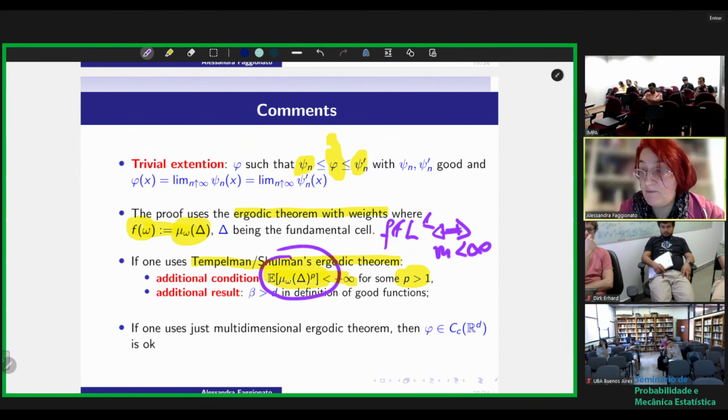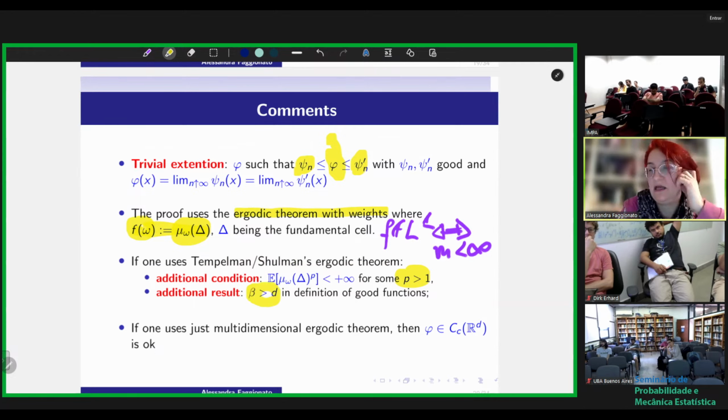It's true that if you apply the Tempelman-Schulman theorem, then you can cover more functions. That is, the polynomial decay is with exponent beta, and beta is just larger than v. So I don't think that my exponent is the optimal one, and probably one could, working harder, reduce the exponent.